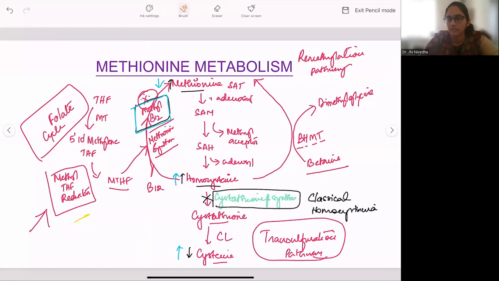How do you differentiate between classical and non-classical? In classical forms, homocysteine levels are more and methionine levels are more. But in the non-classical form, homocysteine levels are more, methionine levels are less, and cysteine levels are more. This is the difference between classical and non-classical homocystinuria.